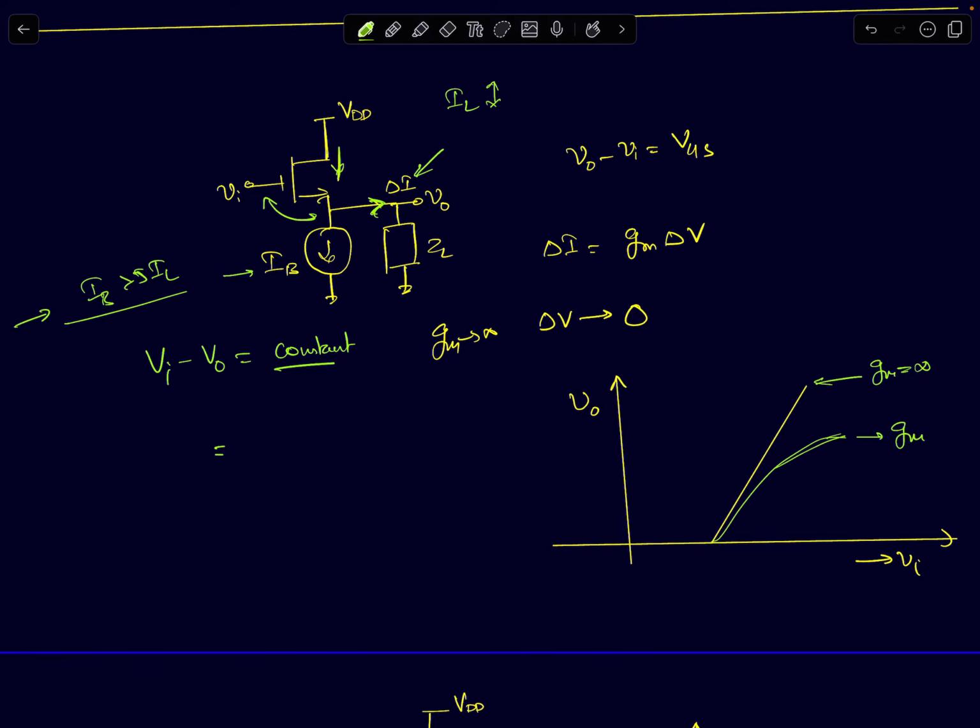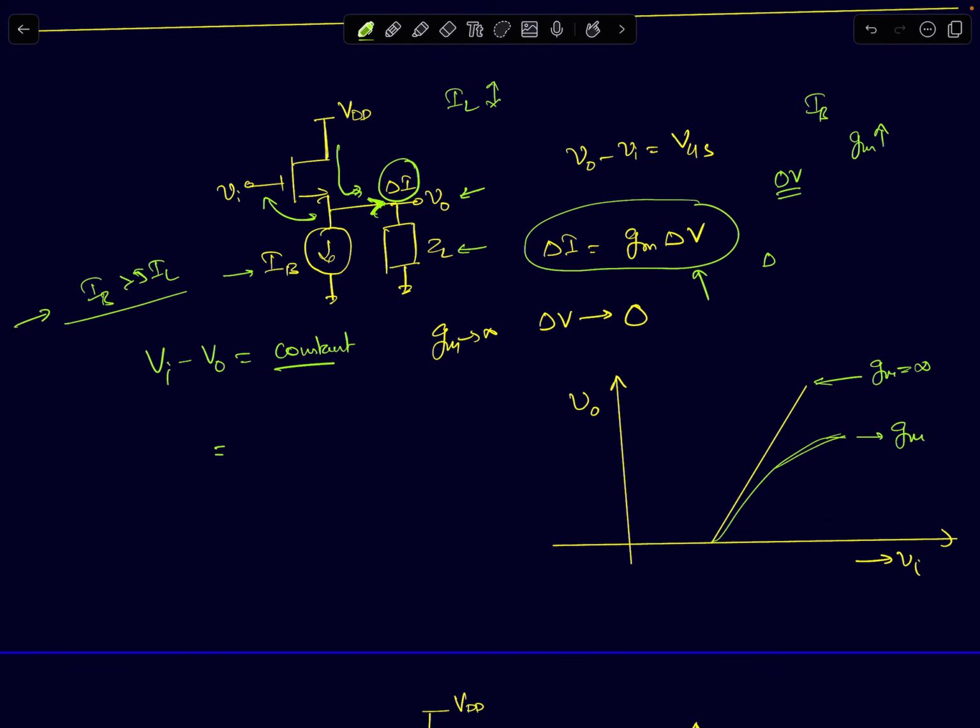So you can also look at it the other way. If let's say your load is changing, I just vary my ZL, or your output is changing, the current that you have to supply to the load is delta I. That current has to come through this MOSFET, and assuming it's a very small current, I can approximately use a small signal model and say the change in the MOSFET's current has to be equal to GM times delta V. So change in the VGS has to be delta V. If I choose a very large IB, my GM keeps increasing.